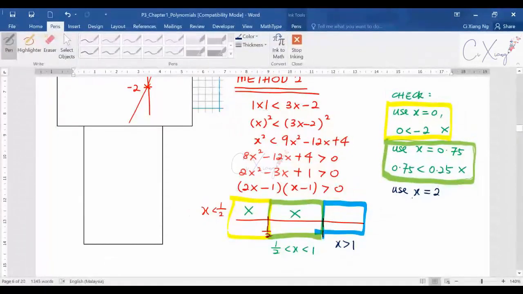Substitute x equals 2 into this inequality: 2 smaller than 3 times 2, which is 6, and 6 minus 2 is 4. So 2 smaller than 4, this is correct. Which means this part of the answer is correct, and therefore the final answer that you accept is this part. Your answer is x greater than 1.